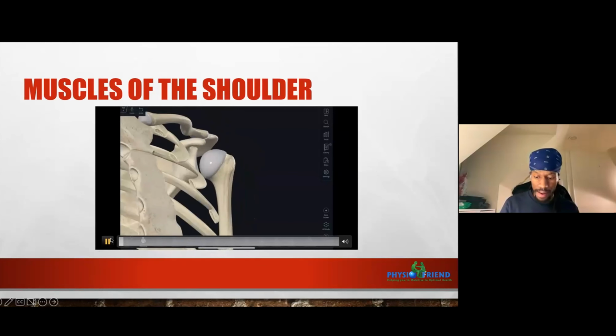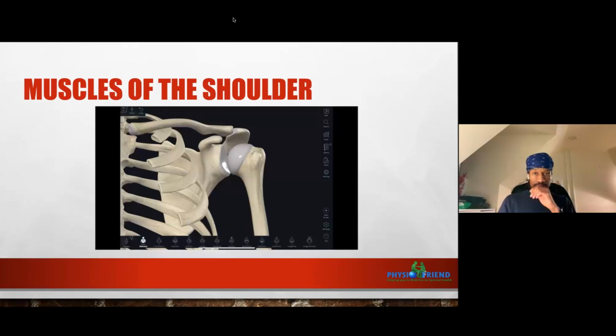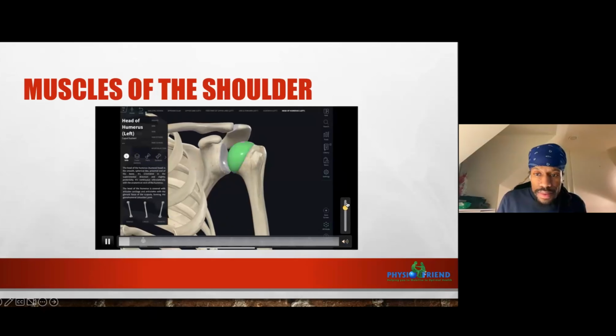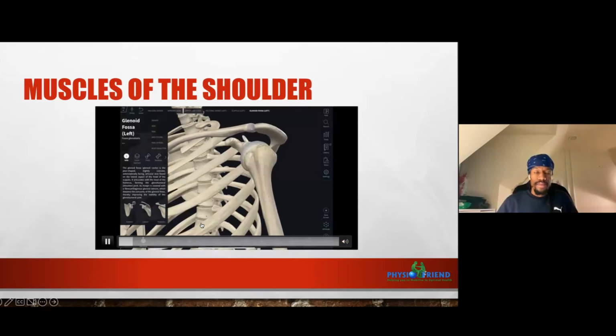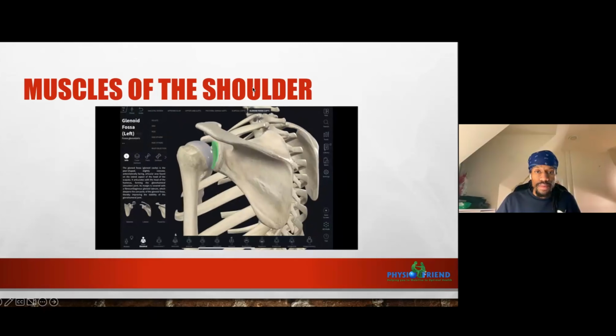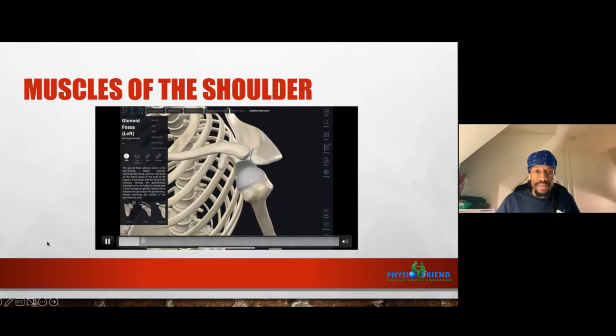So we're going to take a deeper dive into the shoulder. As you can see, that's the head of the humerus on the humerus bone, and that is the glenoid fossa positioned on the scapula. Both of these make up the glenohumeral joint.